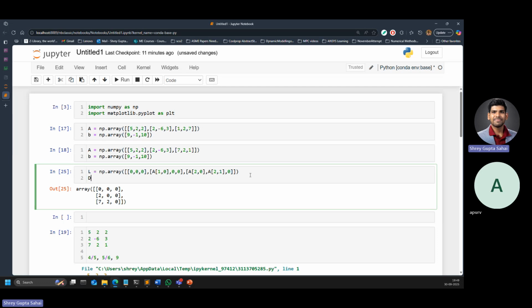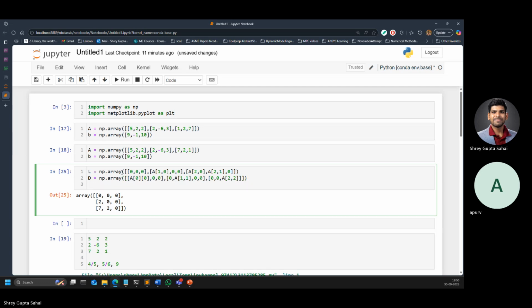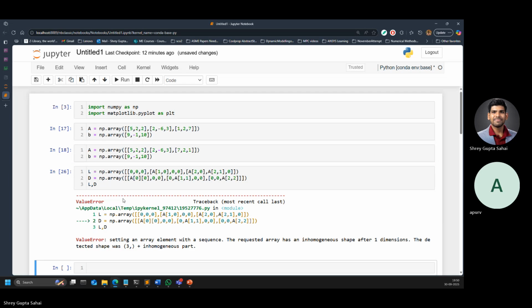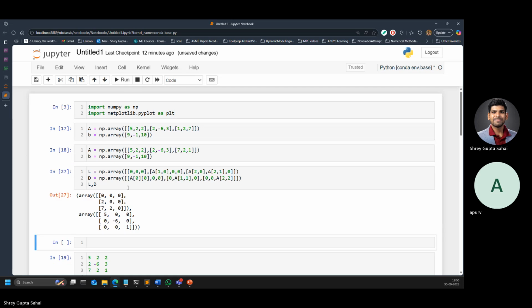Right. Let's also calculate D, of 0 comma 0. Five, yeah. And then let's calculate Q also.